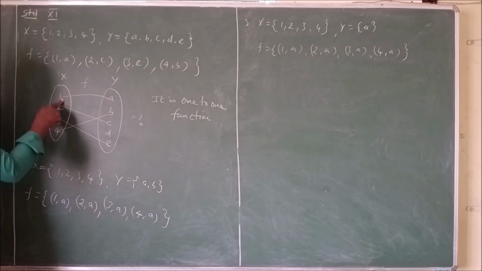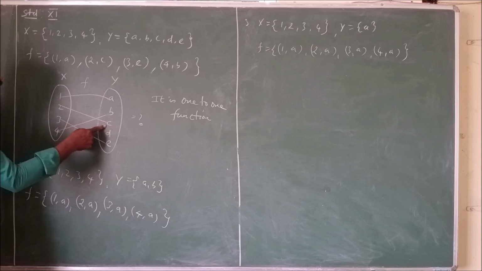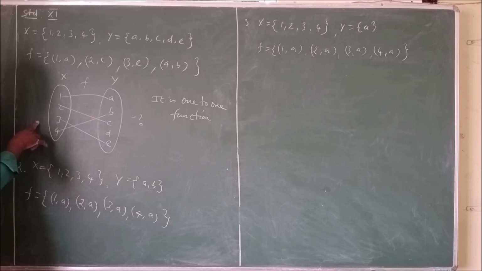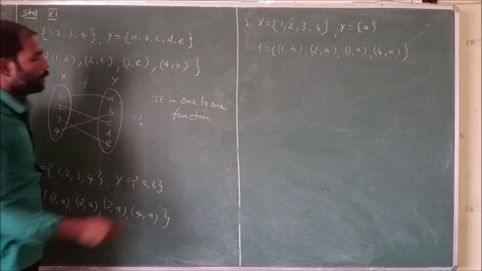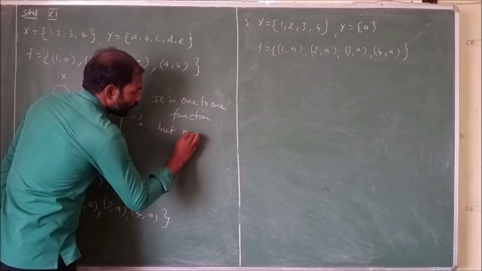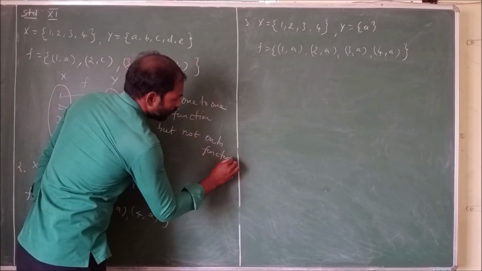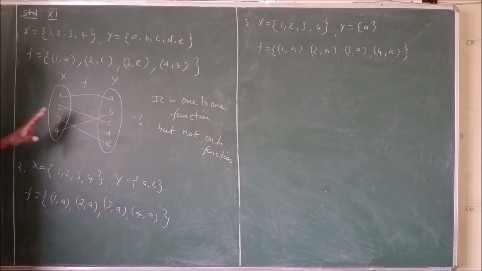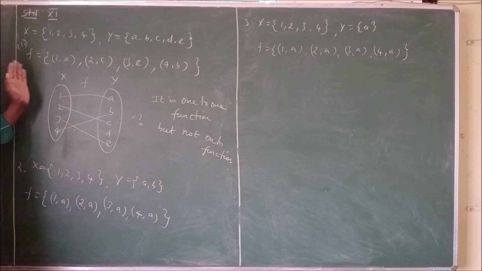A is the image of 1, B has pre-image 4, C has pre-image 2, D has no pre-image, and E has pre-image 3. So it is a one-to-one function but not onto. This is the first example of a one-to-one but not onto function.